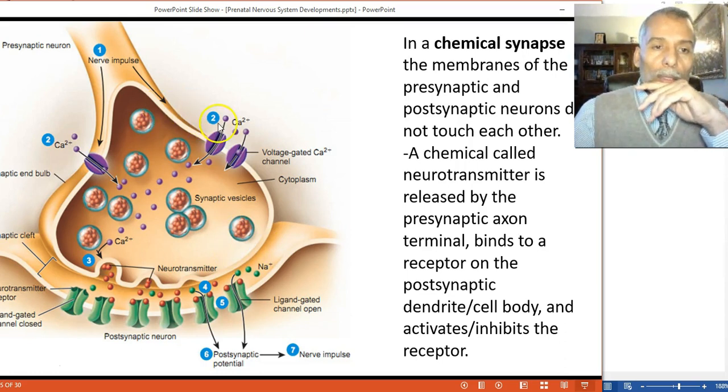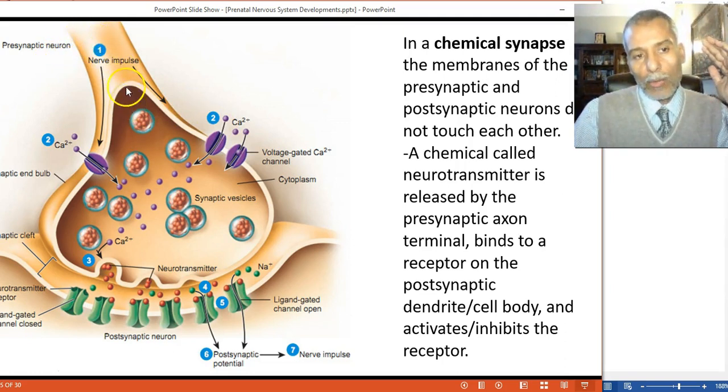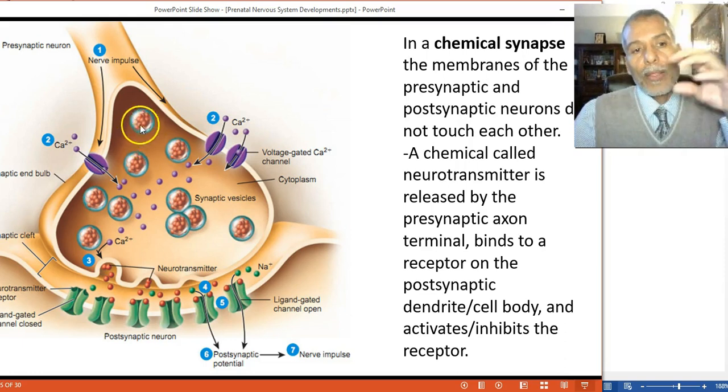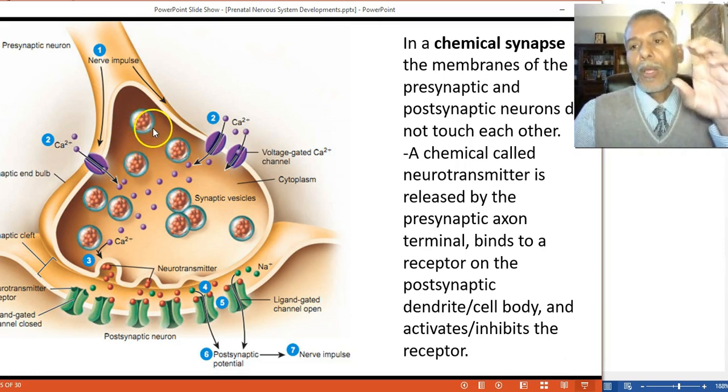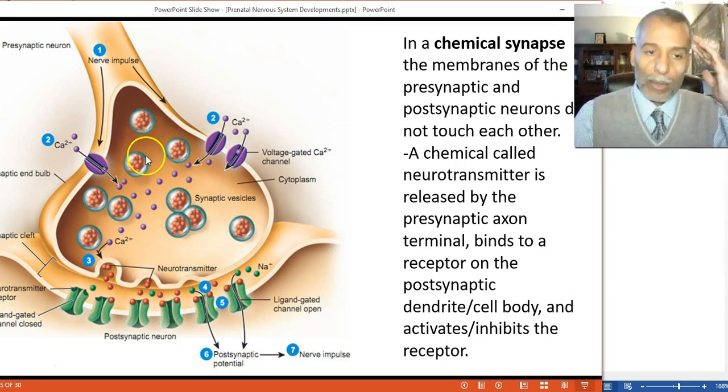So let's look. The electric signal comes from the axon hillock above, comes down until it reaches the axon terminal. Once it reaches, it induces formation of little vesicles, like bubbles, and these vesicles are going to have inside of them neurotransmitters, the neurotransmitter that is needed for this particular action.